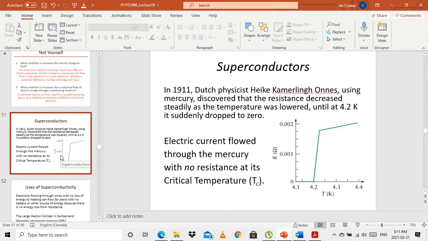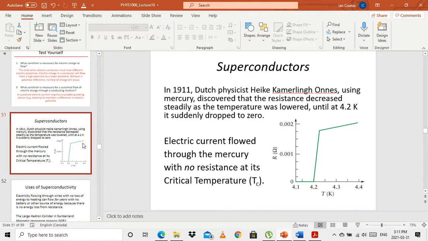We were talking there about superconductors. Remember we were talking about the gallium and silicon and all these guys. It's quite interesting to see that most elements... Well, here, I'll just be quiet and read it. In 1911, Dutch physicist Heike Onnes, using mercury, discovered that the resistance decreased steadily as the temperature was lowered.